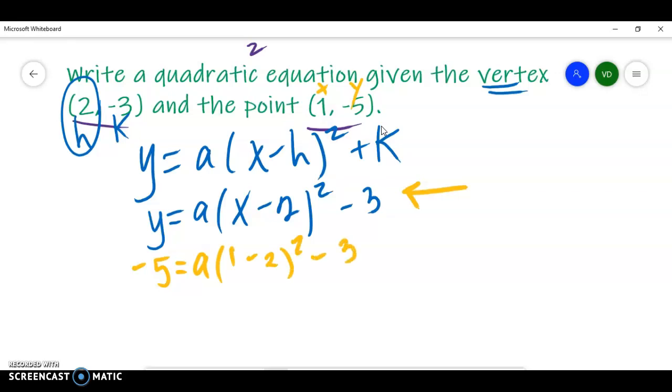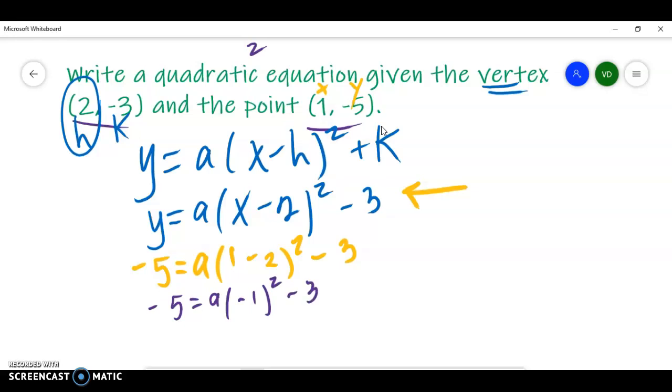And now I just have to simplify, because if I don't know what the a is, I have to solve for it. So I'm going to start simplifying and get what a is equal to. Okay, so inside parentheses, I'm going to do that first. I get -1, so everything stays the same. Say (-1) squared minus 3.